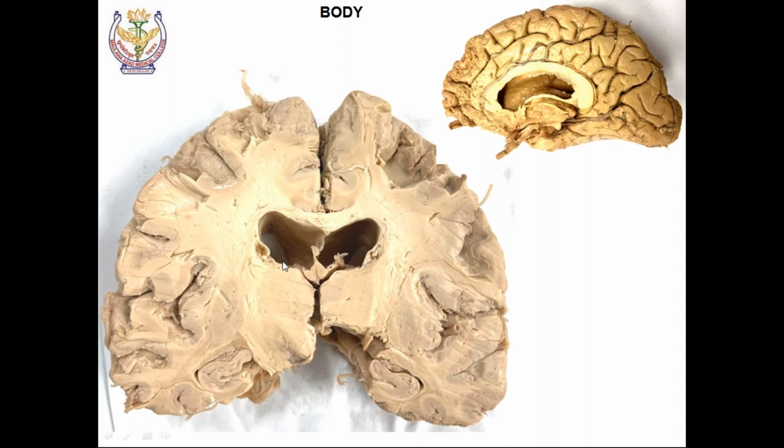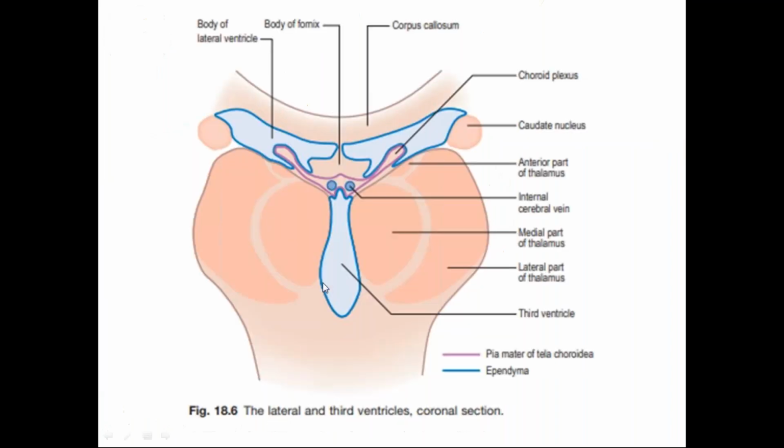So over here, we have what is called as a superior thalamostriate vein, along with the stria medullaris. So the caudate nucleus, the thalamostriate vein, and the stria medullaris, these are the structures which will be lying in the lateral wall of the body of the lateral ventricle. So that is about the section of the body of the lateral ventricle.